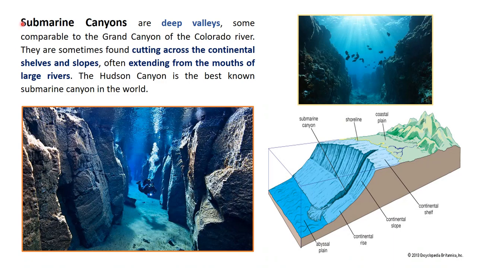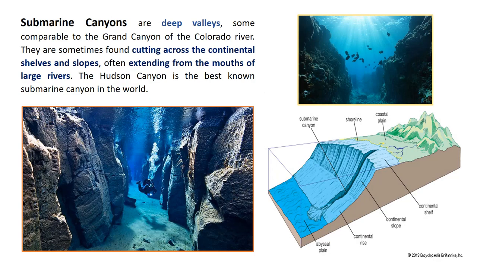That is why they are known as submarine canyons. They are mostly found cutting across the continental shelves and slopes, and they extend mostly from the mouths of large rivers. One example is the Hudson Canyon, the best known submarine canyon in the world.